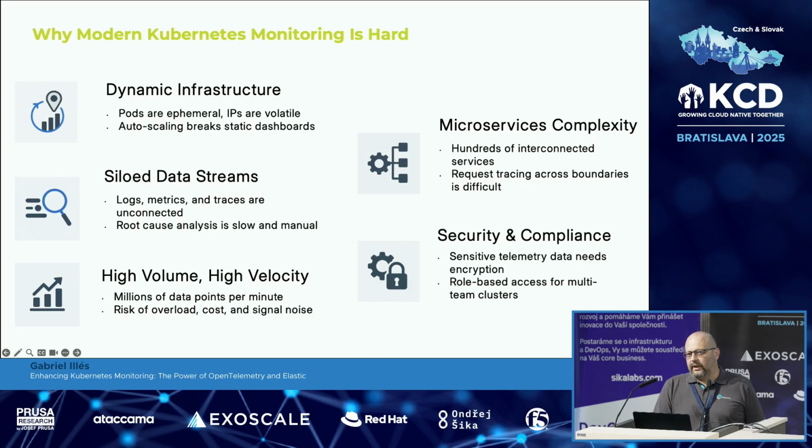So you can have millions of data points per minute. For example, in SentinelOne we have a couple of backends, and in them we have 40 million time series per minute. So it's really a huge amount of data.